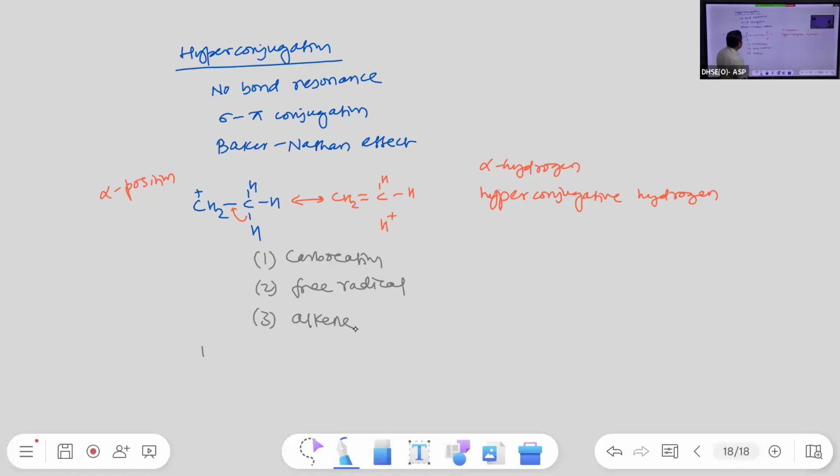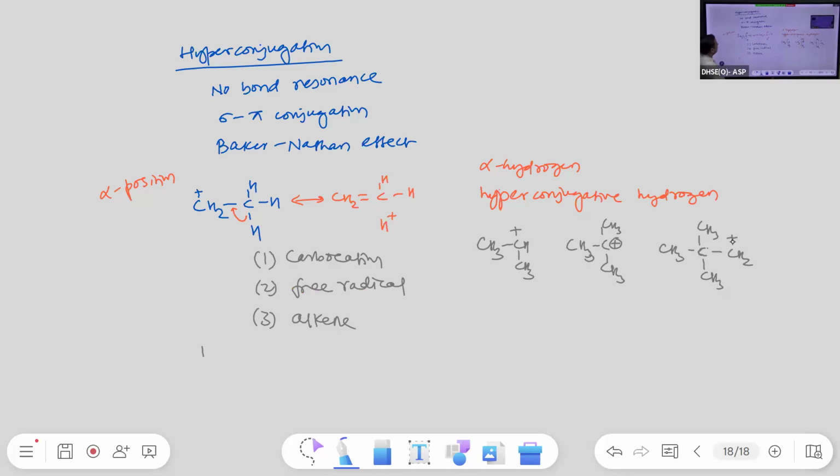So carbocation is written, then we will take one example here. Write down the number of hyperconjugative hydrogen atoms present in these carbocations. Number of hyperconjugated hydrogen atoms present in this carbocation. Note it down.